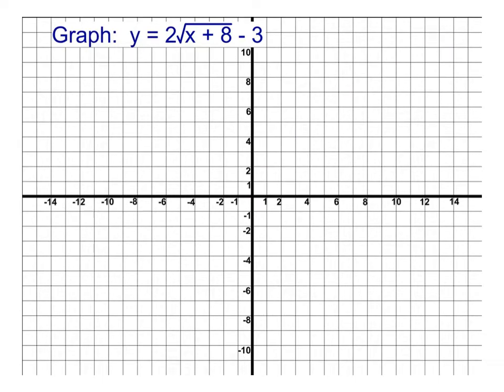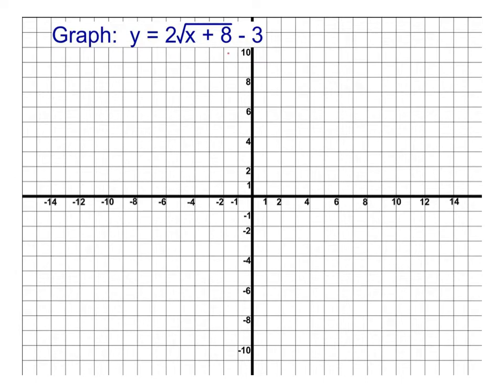So now we're going to see how it would apply with something like this. Go ahead and write down this equation, and then we'll do it together. We still start this one by doing our movements. We still shift it first. Just like we started by shifting our absolute values and our lines yesterday, we start by doing the shifts. So this plus 8 up here, which way does the plus 8 move it? Up, down, left, or right? Left.